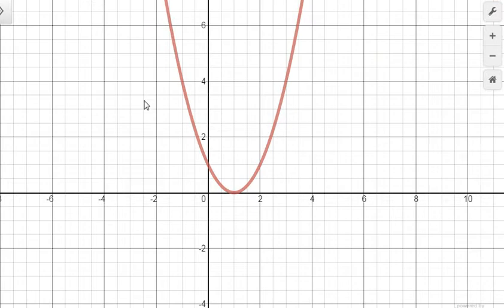Is this a one-to-one function? No. It would fail the horizontal line test. Pretty much any horizontal line above y equals 0 is going to intersect the graph exactly twice. So it fails the horizontal line test. But is there a way I can make a restriction on this graph somehow so that it would pass the horizontal line test?